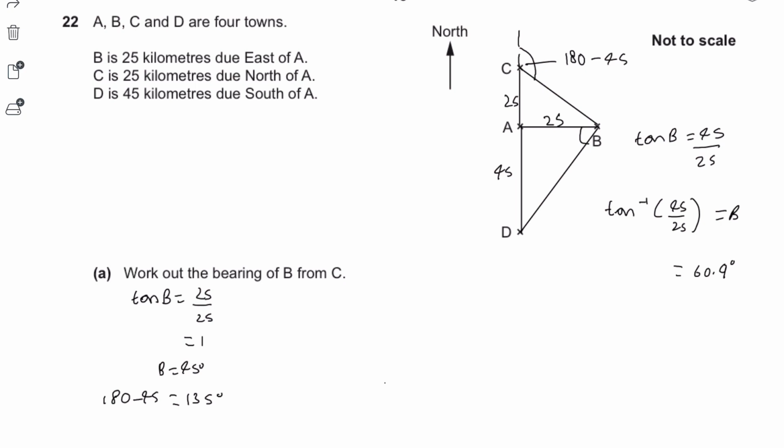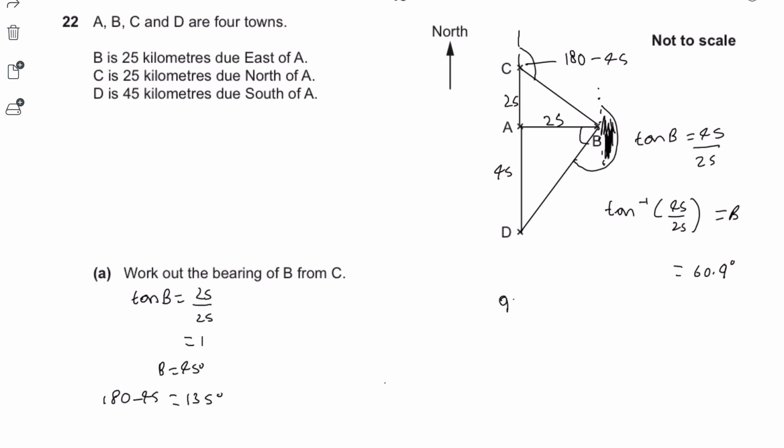And the angle we want from the question is this one. Because line AB is perpendicular to north, we would add up this bit. The bit that I shaded in is 180 degrees, and we'll do 90 minus the 60.9 and add that to 180.